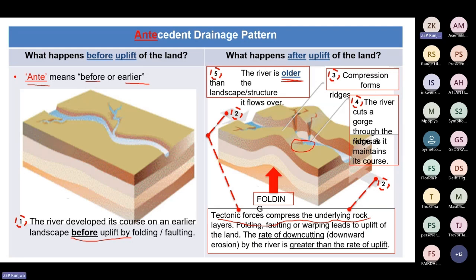The river is forming first, and then the landform forms last. Remember, there was no hill here. This area was just plain. There was a river first, and then the uplift happened. And then now the uplift is younger than the river. The river is older than the uplift. So that is your antecedent drainage pattern.